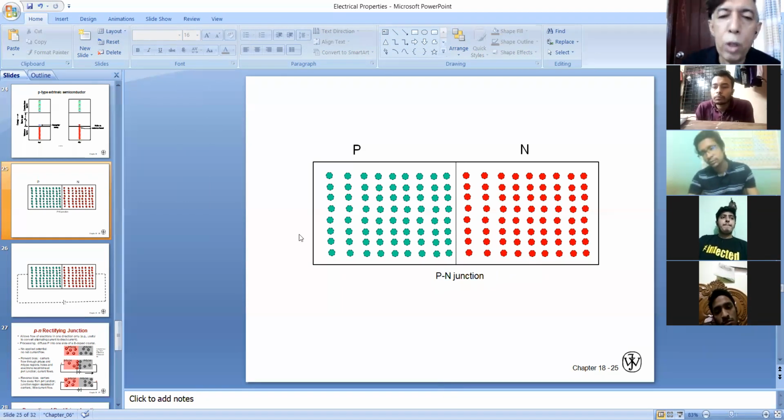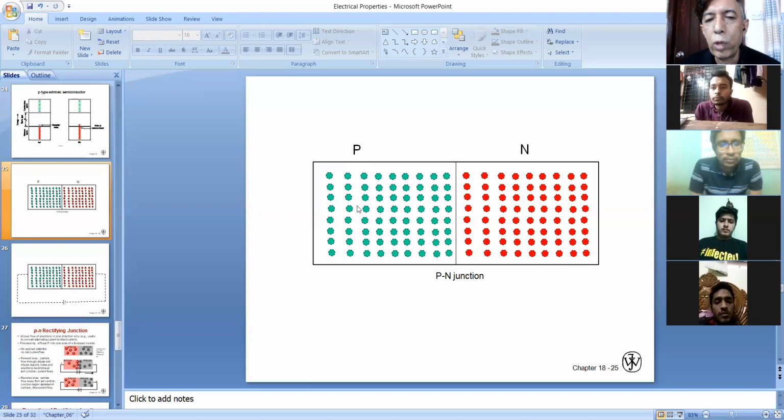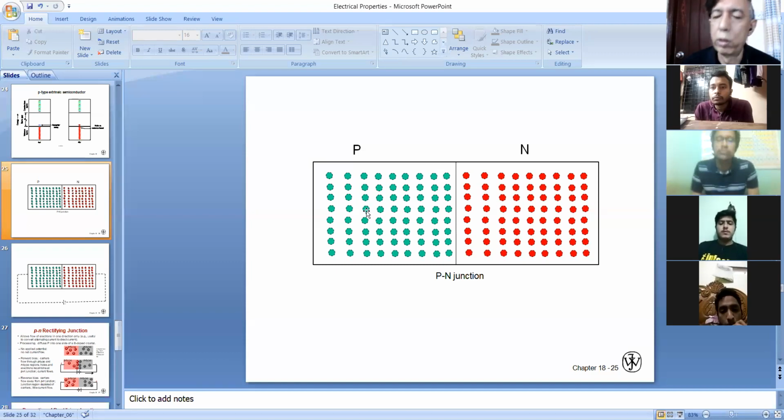Now, what are these green dots? Can you tell me what are these green dots? Holes, sir. These are holes, and these are obviously electrons, as because it is N-type.